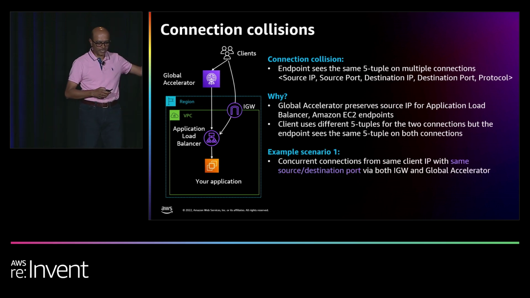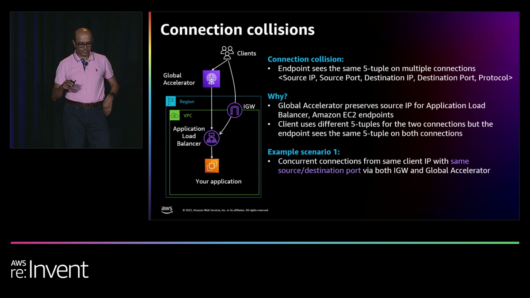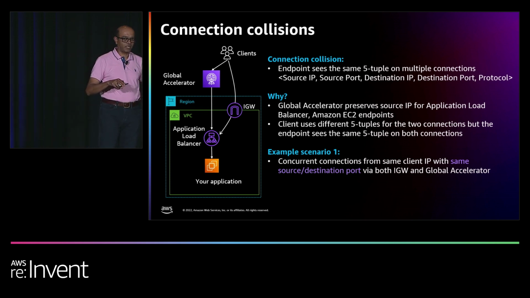Okay. So this is one scenario, when you have concurrent connections from the same client IP with the same source and destination port, and you're approaching it through both the internet gateway and global accelerator.